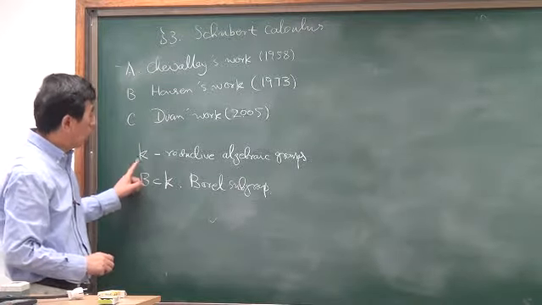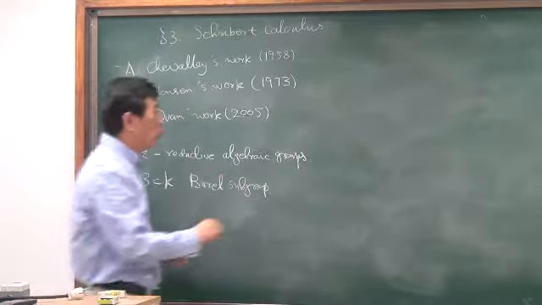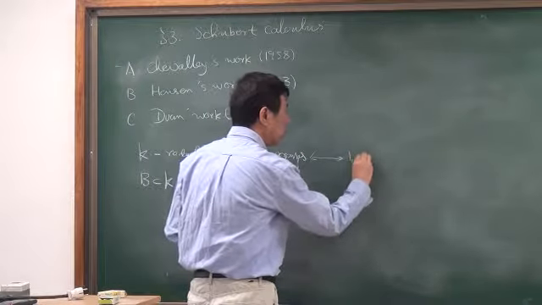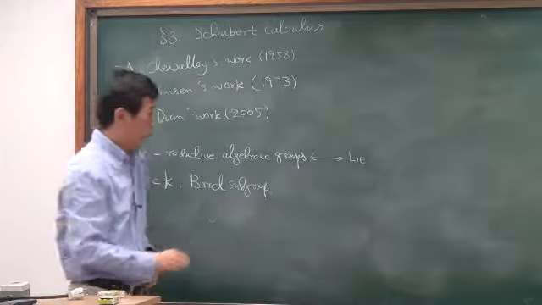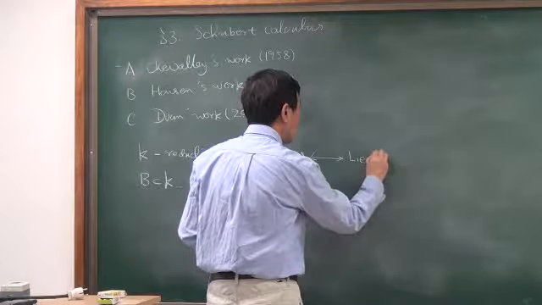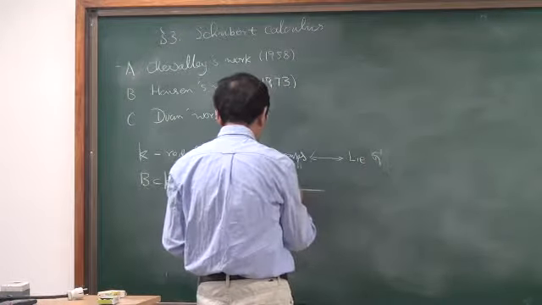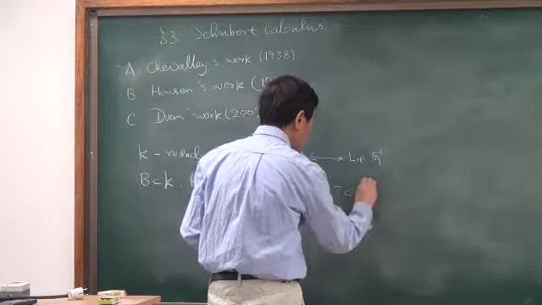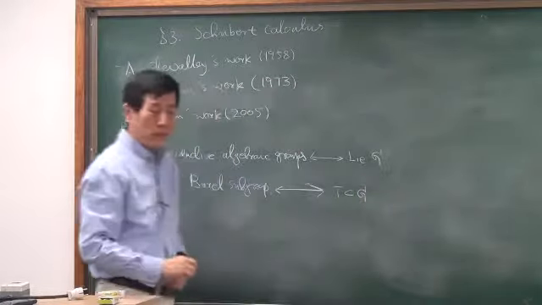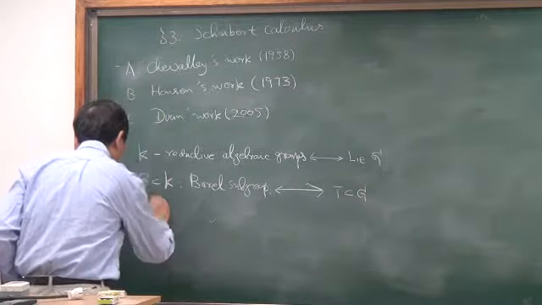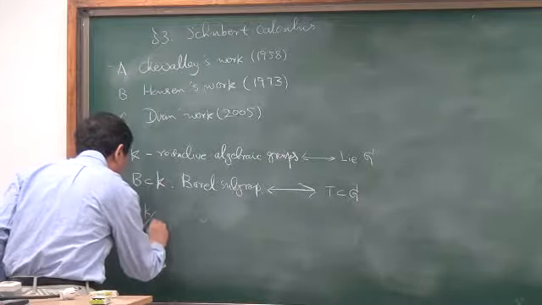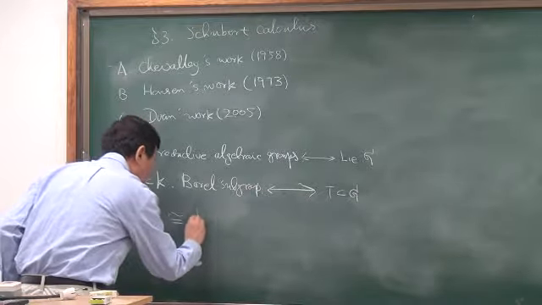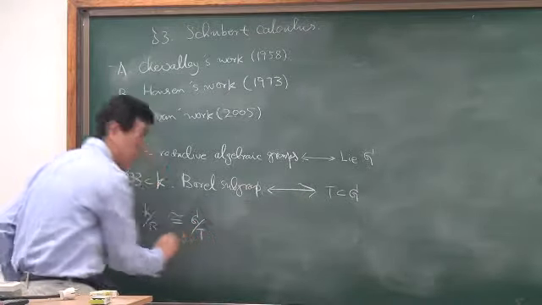But it is well known that reductive algebraic groups correspond one-to-one to compact Lie groups, and the Borel subgroup corresponds one-to-one to the torus subgroup in G. And the fact that K mod B is homeomorphic to G mod the maximal torus.